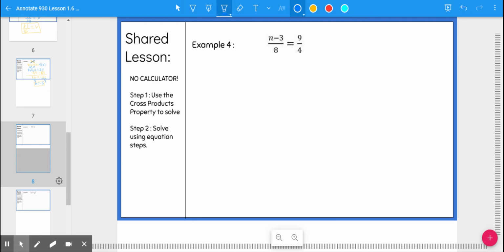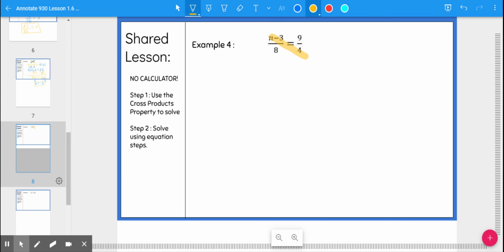All right, so we have (n minus 3) over 8 is equal to 9/4. So again, we are going to use the cross product property to solve, and we're going to find the product of our means. So we have (n minus 3) times 4.